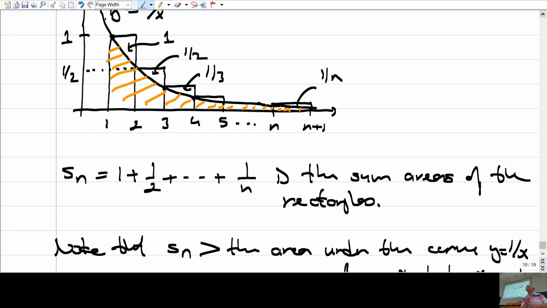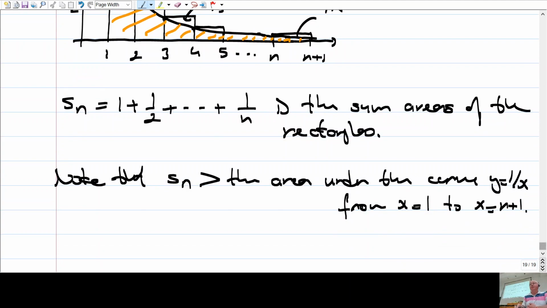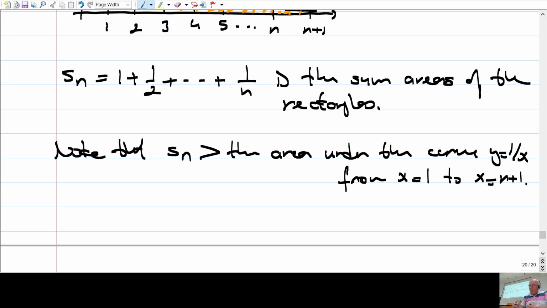The area under the curve is smaller than the sum of the areas of the rectangles. Well, we have a name for this area under the curve, right? What is that? It is the integral, right? Hence, whatever this Sn is, it is larger than the area under the curve, which is the integral from x equals 1 up to n plus 1 of 1 over x dx.